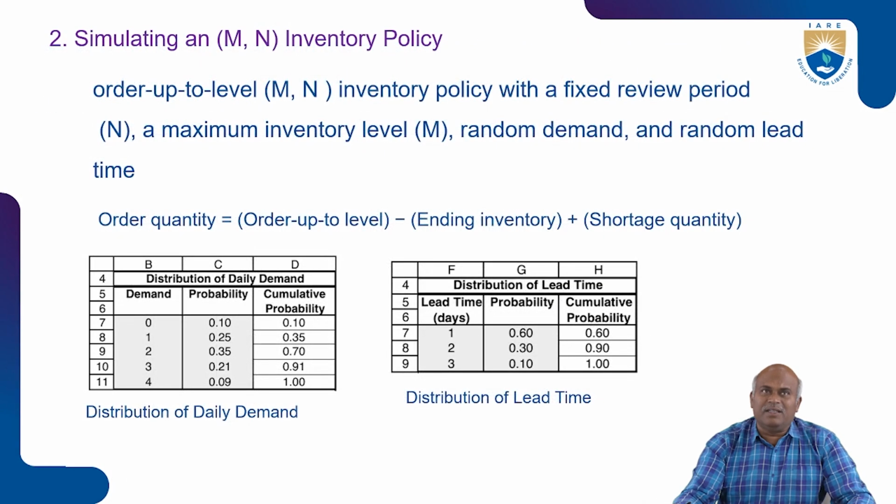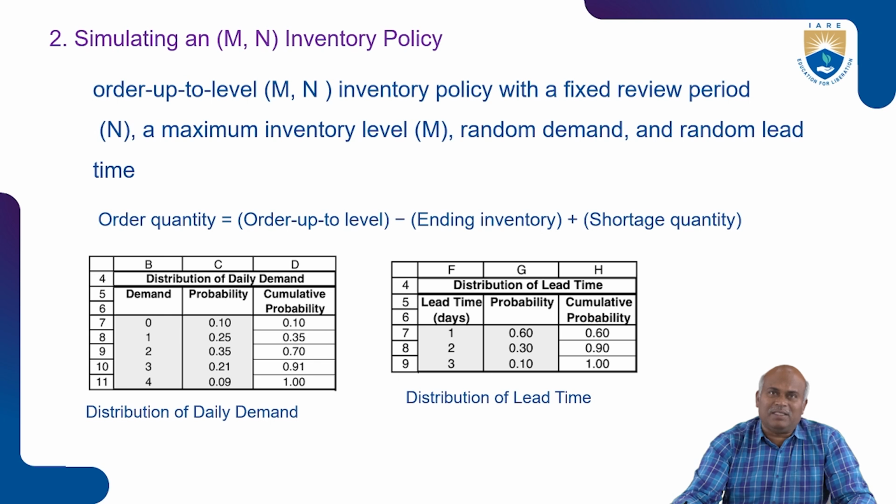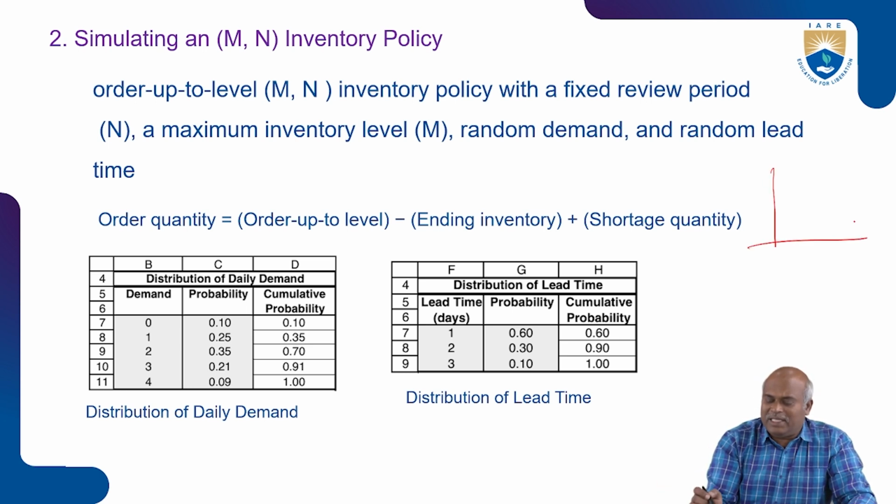Next case, simulation of an inventory policy. For the simulation, we need to follow some policies. We can use a fixed review period. That means each and every time, are you seeing this diagram? This time duration I mention as n.